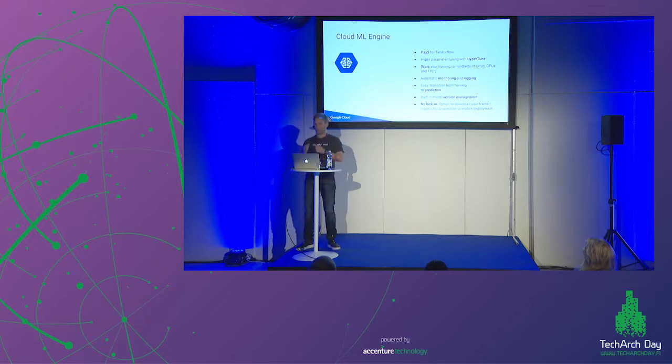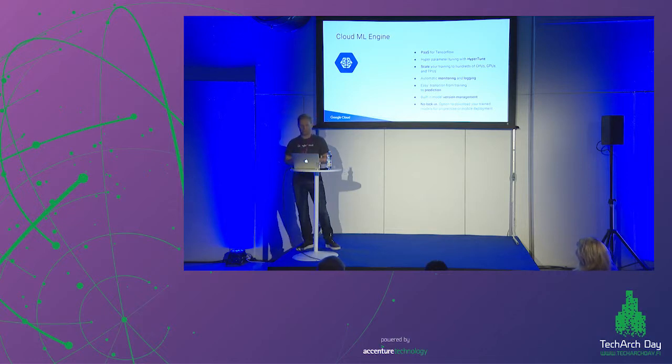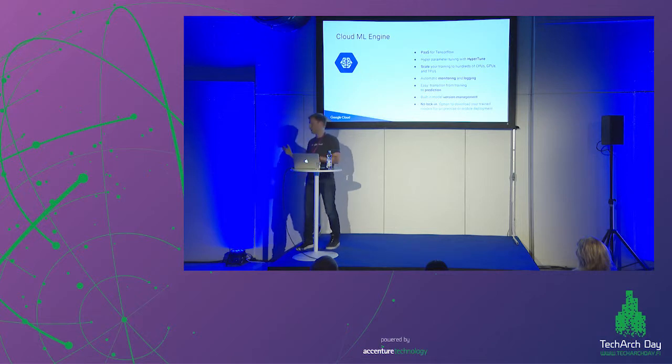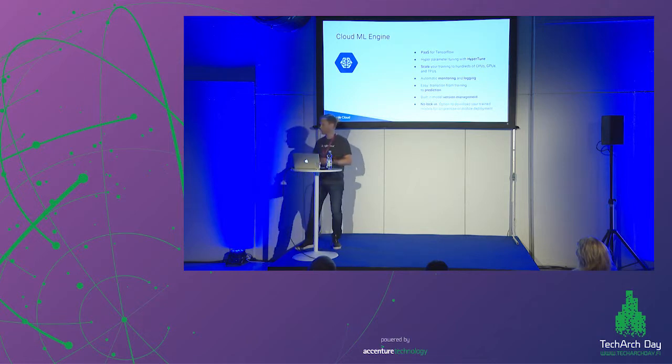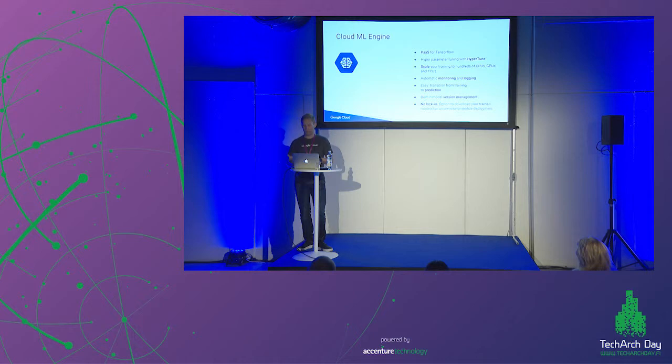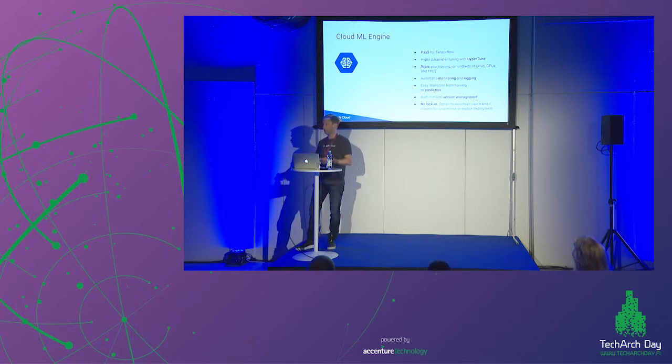So let's say that I don't know how many hidden layers I want to have in my neural net, and I don't know the density of each of the layers. Then I can use hyperparameter tuning for that and specify a range. I would like to have between 2 and 12 layers, and the density should be between, I don't know, 1 and 10. And then the hyperparameter tuning service will find the optimal configuration for me.